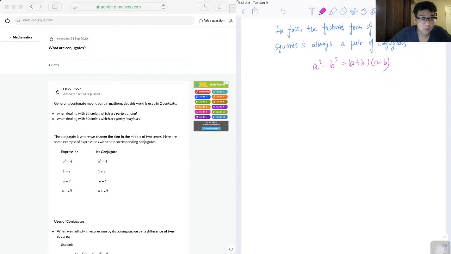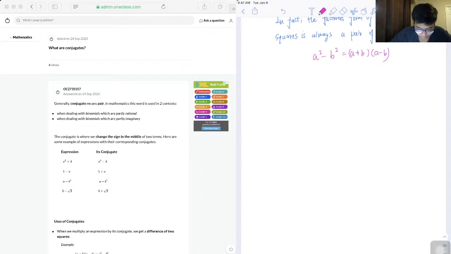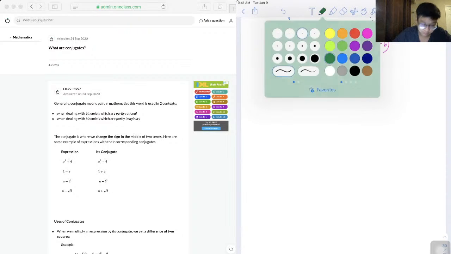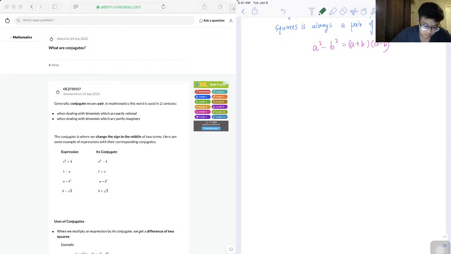So we can always apply this when we rationalize the denominator, and especially when we encounter a square root from the bottom of a fraction. And let's try it with an example. So we got a fraction like this, x over 3 minus root 5.